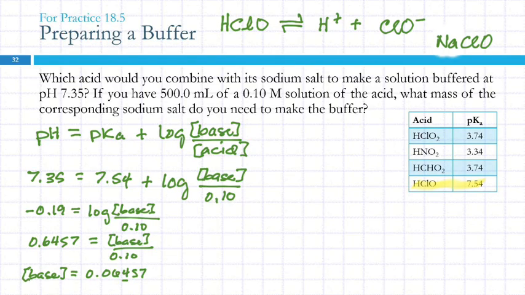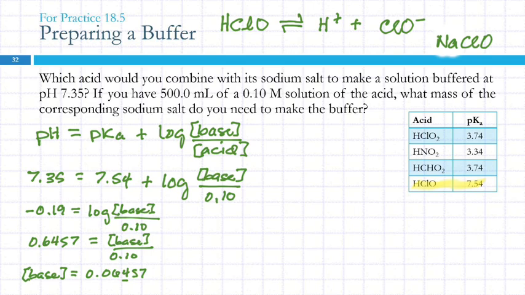And this is where a 1B problem gets a little more practical. How much sodium hypochlorite do we need to add to get that? This is a Chem 1A problem.